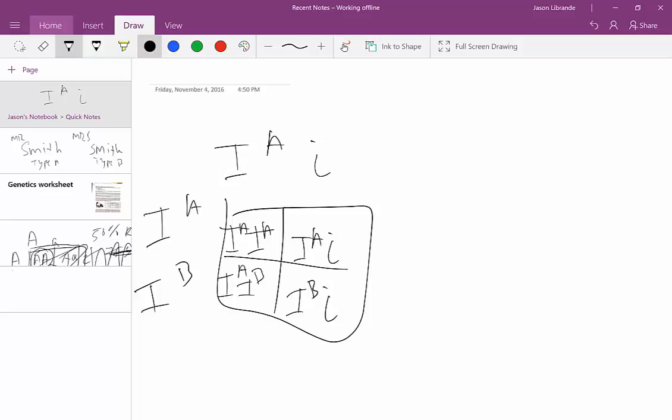So essentially when you have alleles that have this superscript text right there, you just fill in the table just like you fill in any Punnett square. So you just write the letters, so you have I uppercase A, like that. So exactly the same as you always do it.